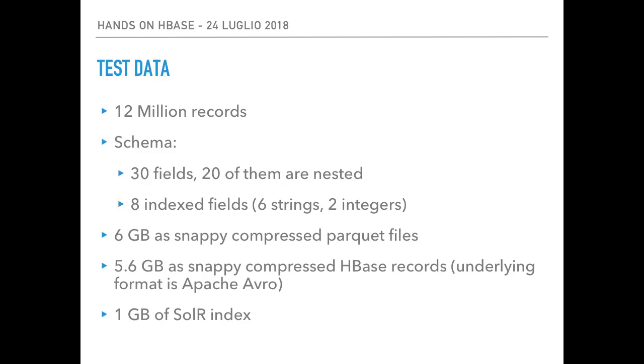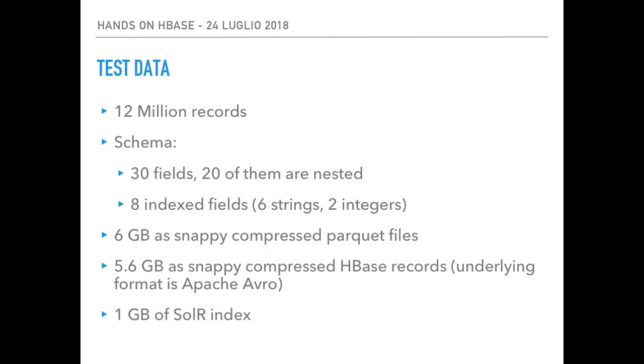And about the test data, our client said that those tables won't store more than about 10 million records, so we tried with 12 million. The data had a schema of 30 fields, 20 of them nested, and we were issuing queries only on 8 of those indexed fields. 6 of them were strings, 2 were integers, so we could do equality search on strings and between filters on integers.